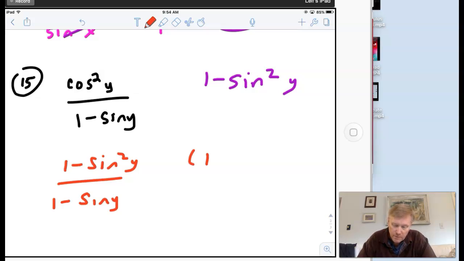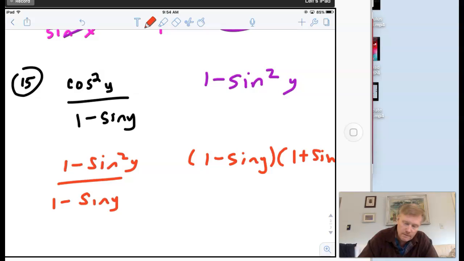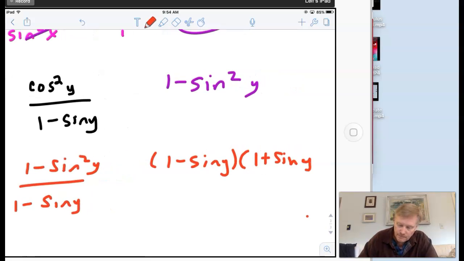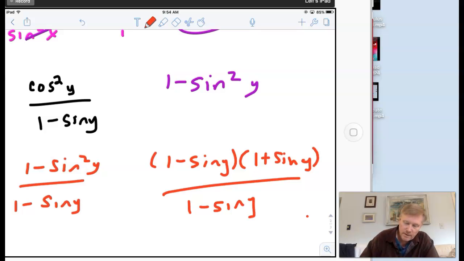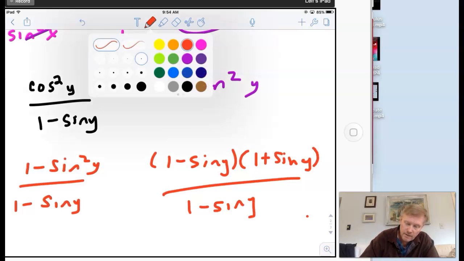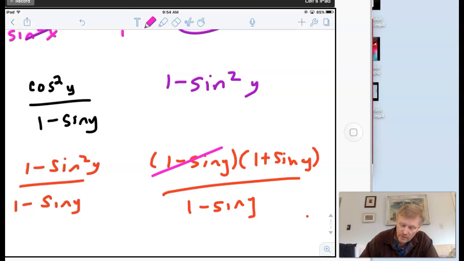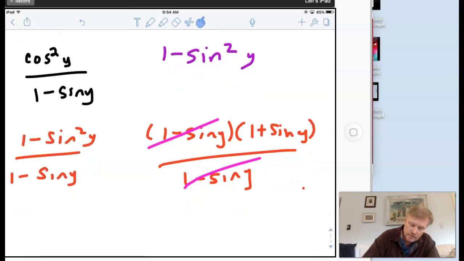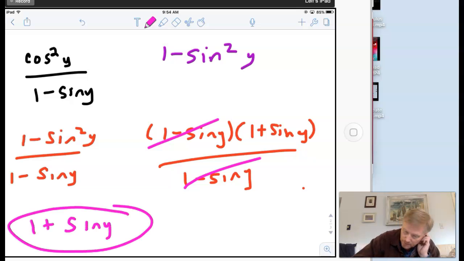Perfect square minus a perfect square is 1 minus sine of y times 1 plus sine of y, all over 1 minus sine of y. And then I can cancel some things out, right? I've got the same thing in the top and the bottom of the fraction, which means what's left is 1 plus sine of y. And that's the answer.